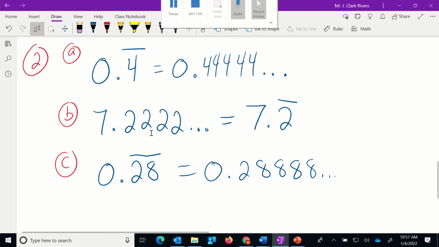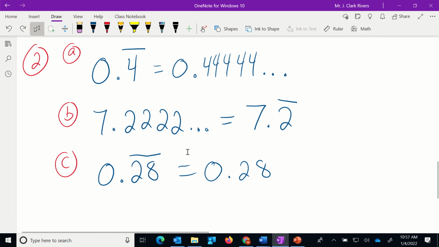The bar is not just over the 8, right? The bar is over the 2 and the 8, which means the 2 and the 8 need to repeat. So it's going to be 0.28, 28, 28, 28 forever. That pattern repeats. You guys got that?